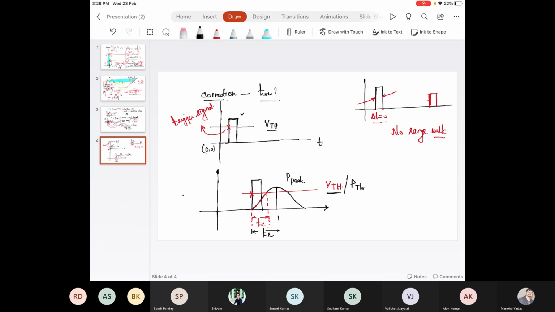So the correction applied, TC, is equal to, okay, tell me what it should be. Just think about it logically. We are going to write TC in terms of P peak, PTH and TR.